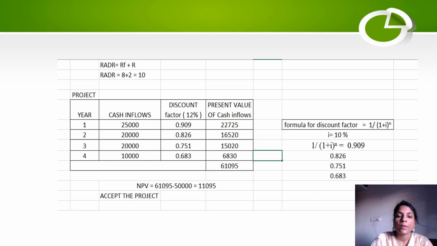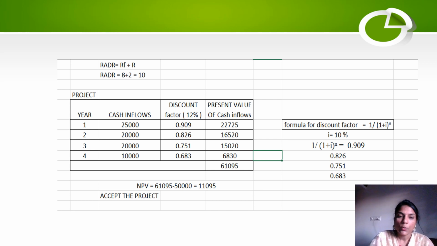The project having the highest NPV should be accepted, which will be beneficial for the company. So if it is an independent project, NPV should be positive. If it is a mutually exclusive project, meaning when you are comparing two projects, the project having the highest NPV should be considered.